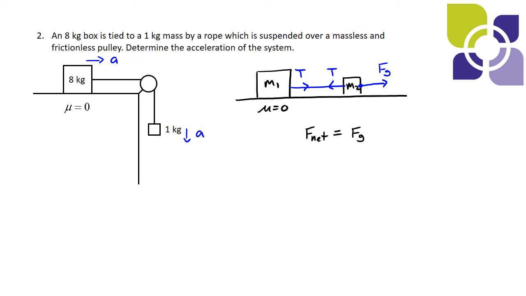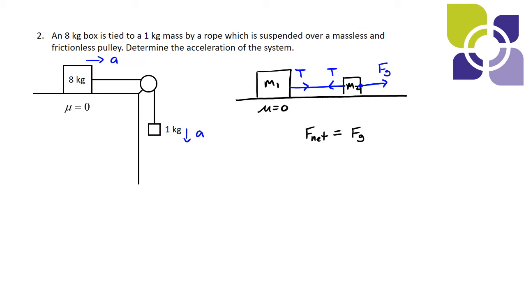And we also have the two tensions acting to the right and to the left, but again, just like we saw in example 1 previously, those tensions are like an internal force that don't affect the net force of the system.